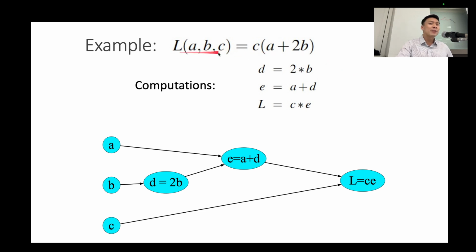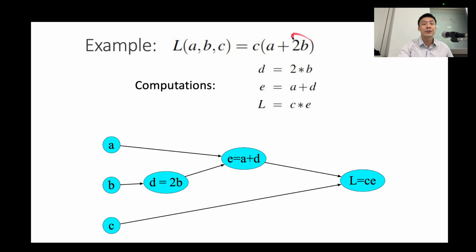So suppose you have this really complex function, c times (a plus 2b). What the computer actually does is that it will parse it and make a small computation graph. To compute this, you need to compute this, right? You have some intermediate variable, a plus d, and what is d? d is equal to 2b, right?